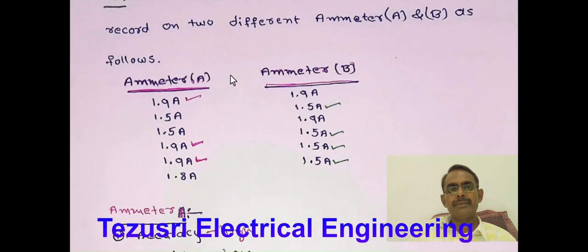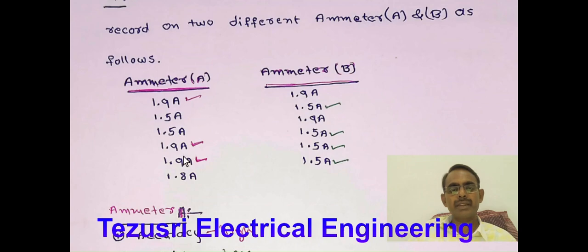For example, here the true value of current is 2 amperes and it is recorded on two different ammeters, A and B, as follows. Ammeter A has 6 readings recorded like this. Ammeter B also recorded 6 readings like this.